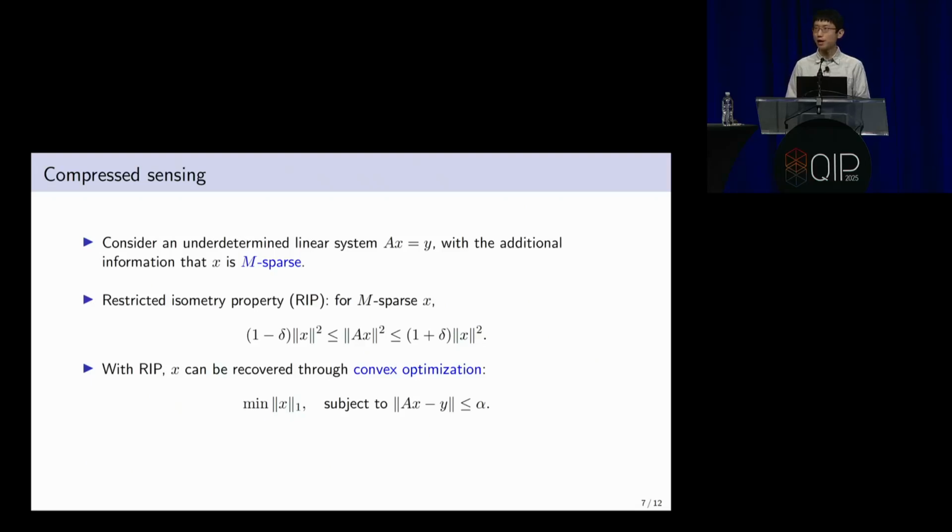So we just minimize the L1 norm of X subject to the constraint that AX is not very far away from Y. And this convex optimization problem can be solved efficiently on a classical computer. And another nice thing to have is it's robust to noise. So you can always incorporate the uncertainty into this parameter alpha.